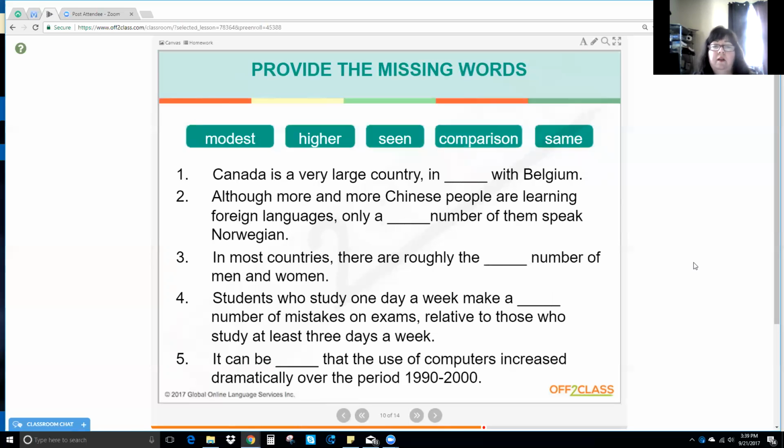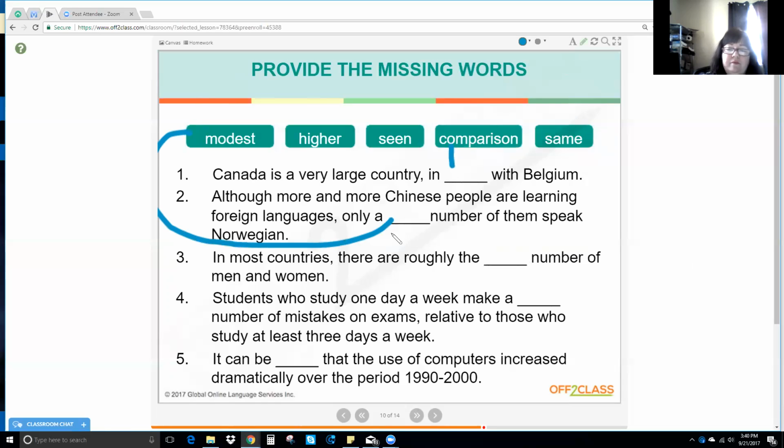So let's just look at the missing words here. Canada is a very large country in blank with Belgium. Okay, so in comparison with, right? We'll go ahead and mark these. Although more and more Chinese people are learning foreign languages, only a blank number of them speak Norwegian. What else could we say? We could say only a small number of them speak Norwegian.